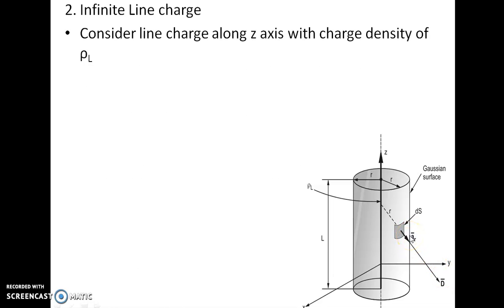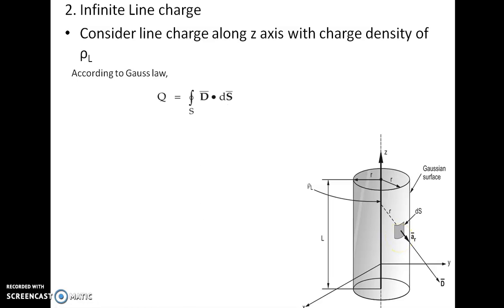Similarly, the surface dS is normal to the R axis, because D is along the R axis, so dS should be perpendicular to the cylinder surface. The unit vector normal to dS is a R cap.